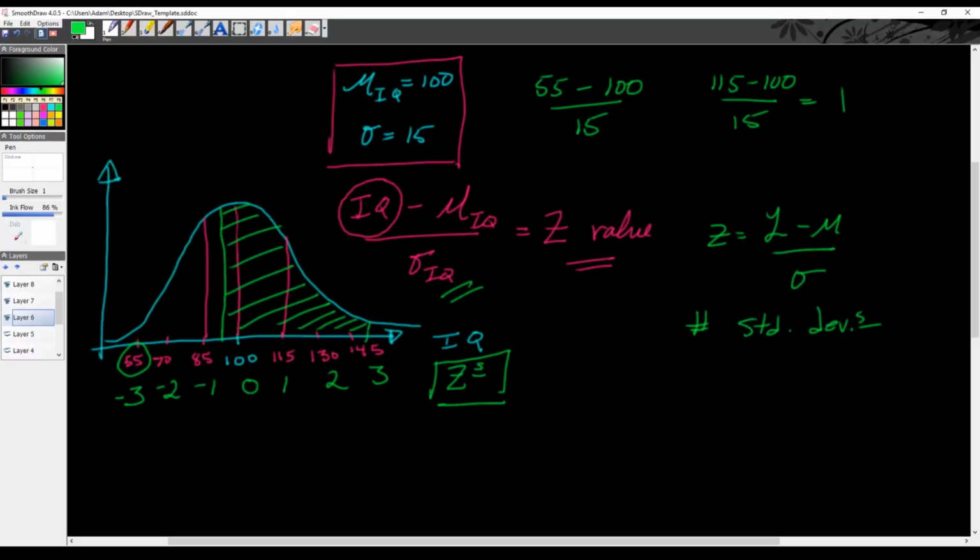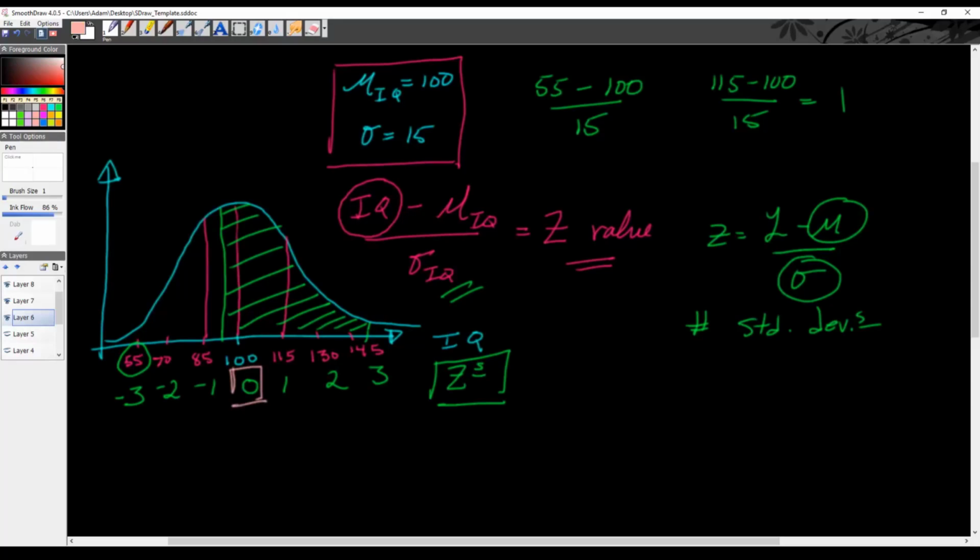So the standard normal distribution: if y is normally distributed with mean mu and standard deviation sigma, so the true population mean and the true population standard deviation, then z is normally distributed with mean what?